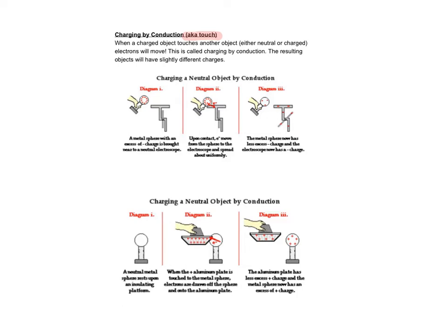So down here, I have a few examples, but what's really important to know is that electrons are going to move. Okay, so electrons move, and they like to spread out. The analogy I always like to use is think of a city bus.